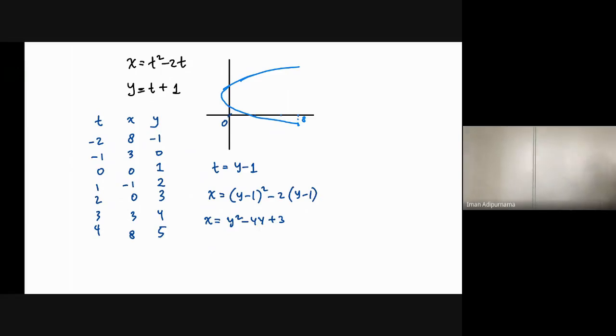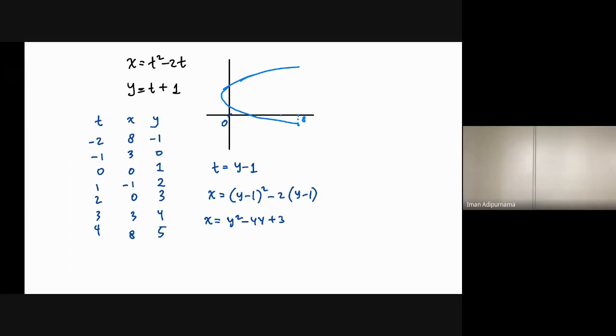So if you're looking at this parabola and you want to look for the roots of this parabola, you will get the same curve. So that's one thing. So with parametric equations, you can substitute or maybe simplify, and you can find the relations between x and y.